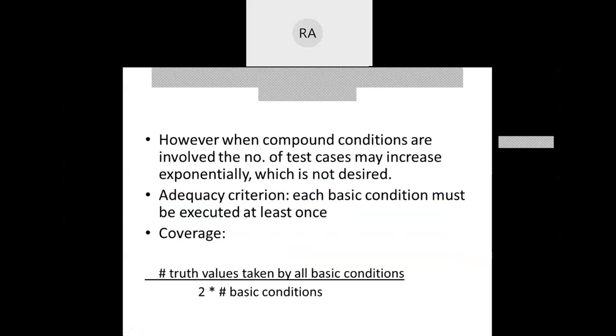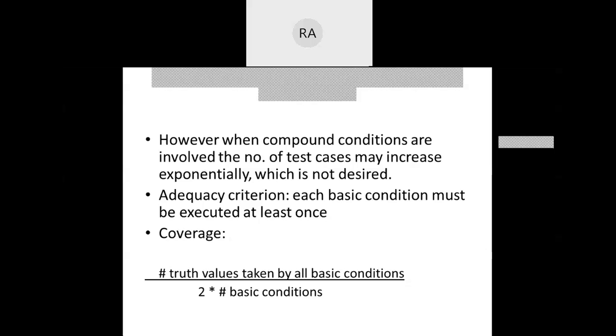If n number of conditions are grouped together as one single condition, it is very hard for me to test using one test case. I have to design n number of test cases, which may increase exponentially, and that is not desirable. And the adequacy criterion associated with condition coverage is that each basic condition that I have written must be executed at least once.